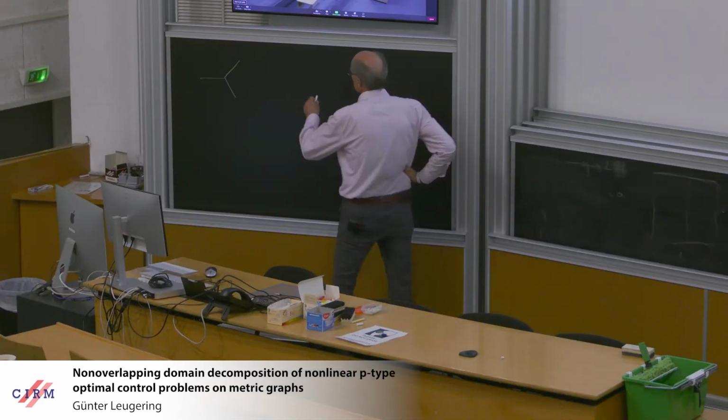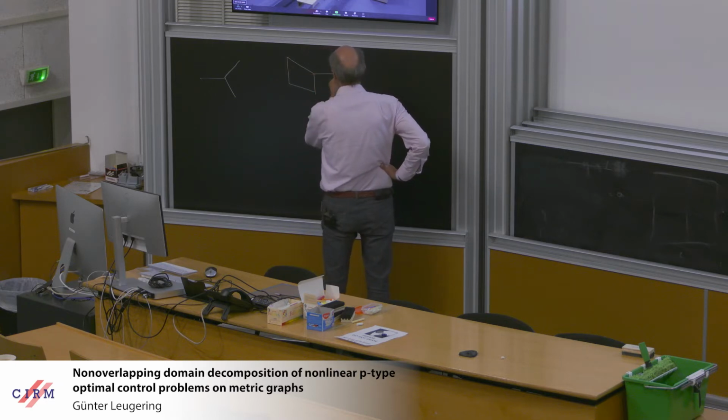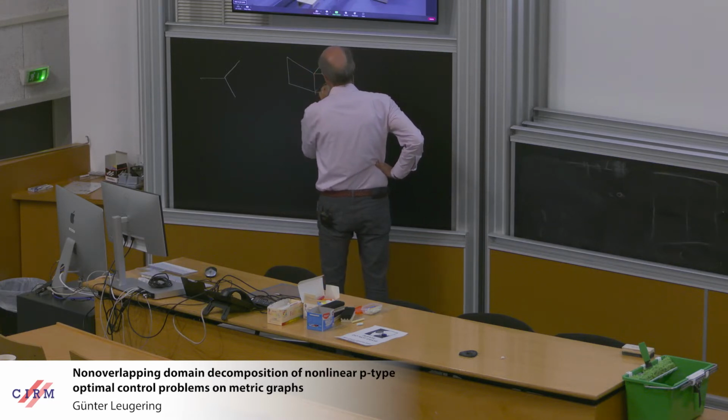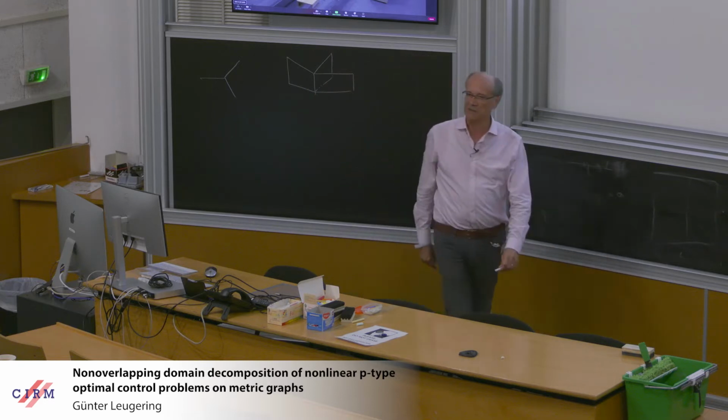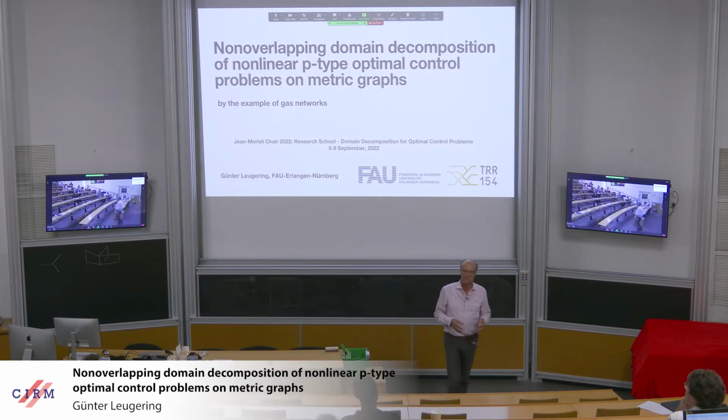And of course, you can also think of systems like this, where you have planar domains that meet at a certain thing like this. What is behind this is what one calls masonry structures, like houses or furniture, all made out of plates or membranes or whatnot.